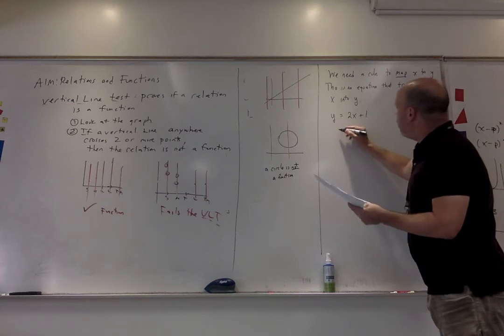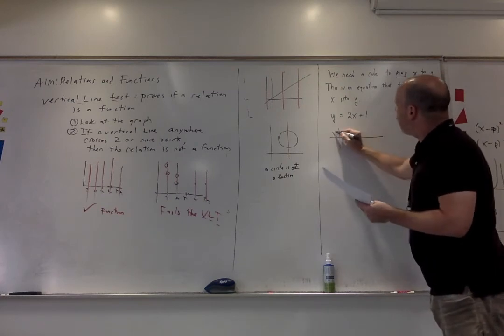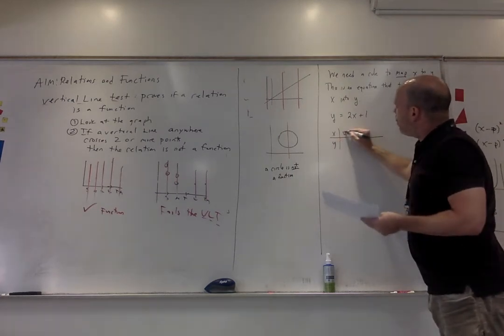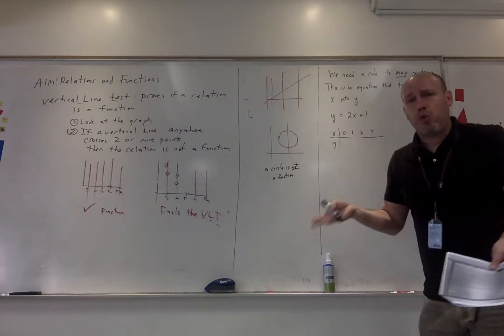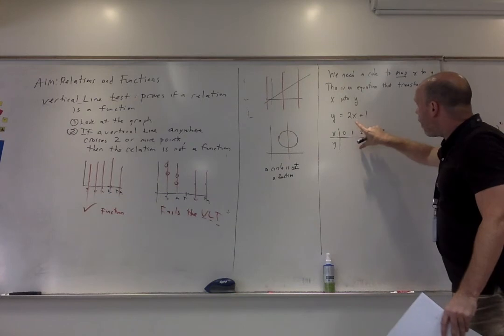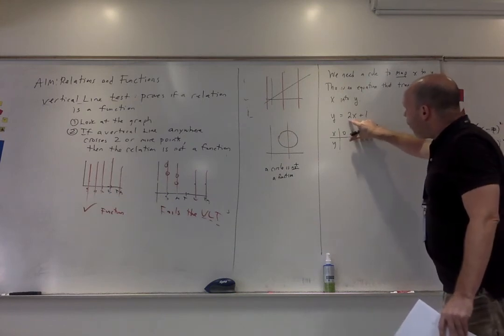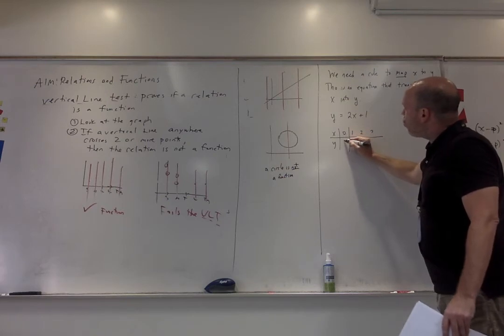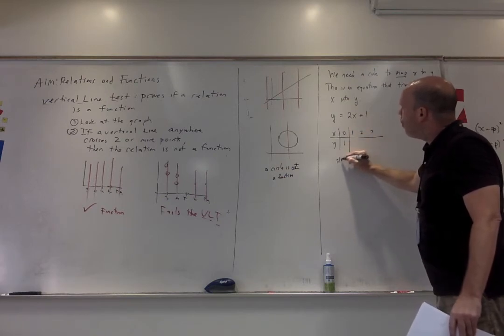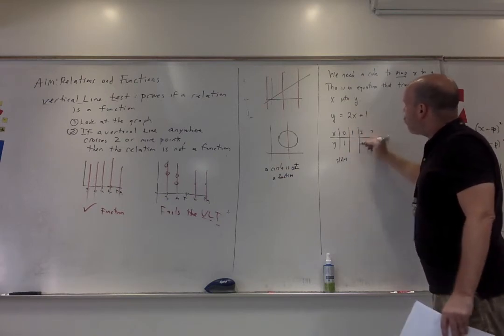And so we start with our domain, 0, 1, 2, 3, and you say, what does the rule do to my domain values? And you say, okay, it takes an x value, doubles it, and adds 1. So 0 goes to 1. Where does 1 go?